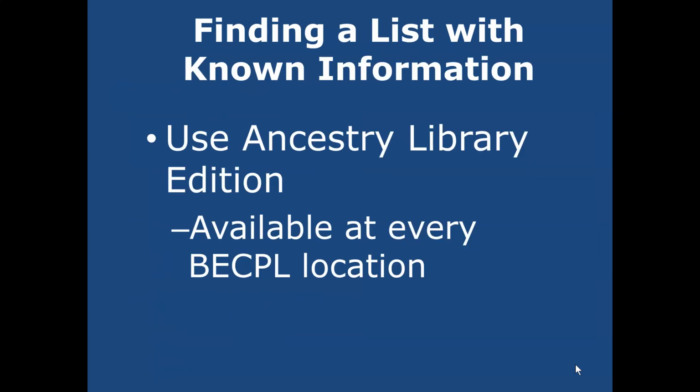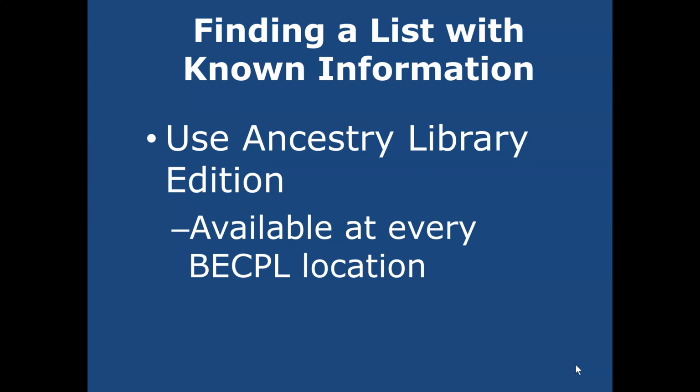The easiest way to find a passenger list with known information is by using Ancestry Library Edition, or Ancestry.com if you have an at-home subscription. Ancestry Library Edition is available at every Buffalo and Erie County public library location.